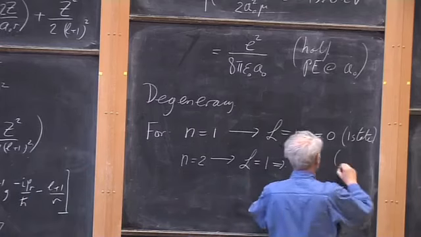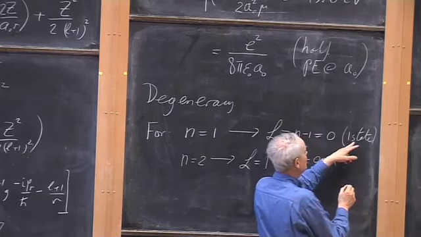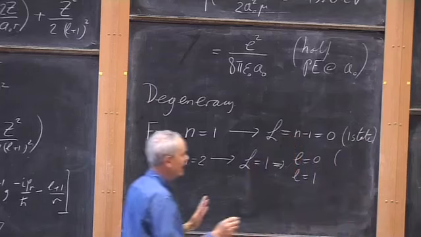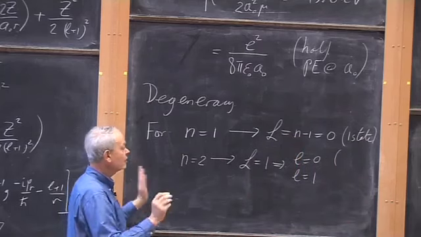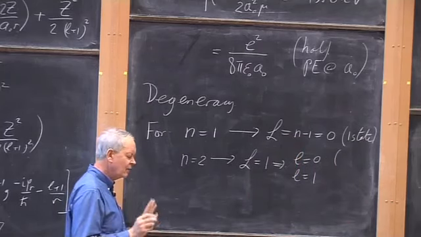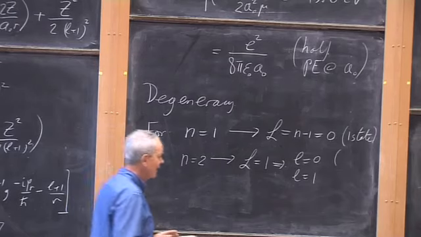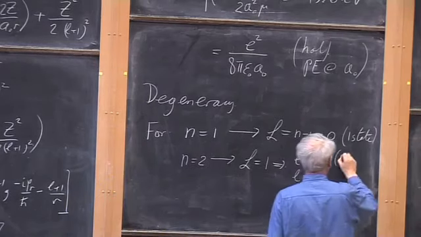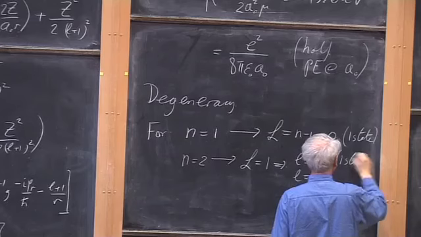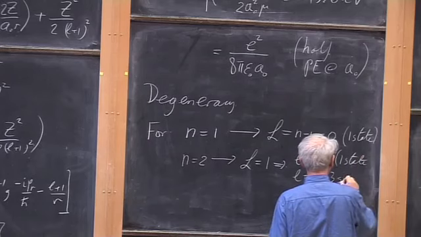This is for a spinless particle. It'll turn out to be two states when we include the spin of the electron, but we said we were going to forget about the spin. Here we would have one state, and here we would have three states.